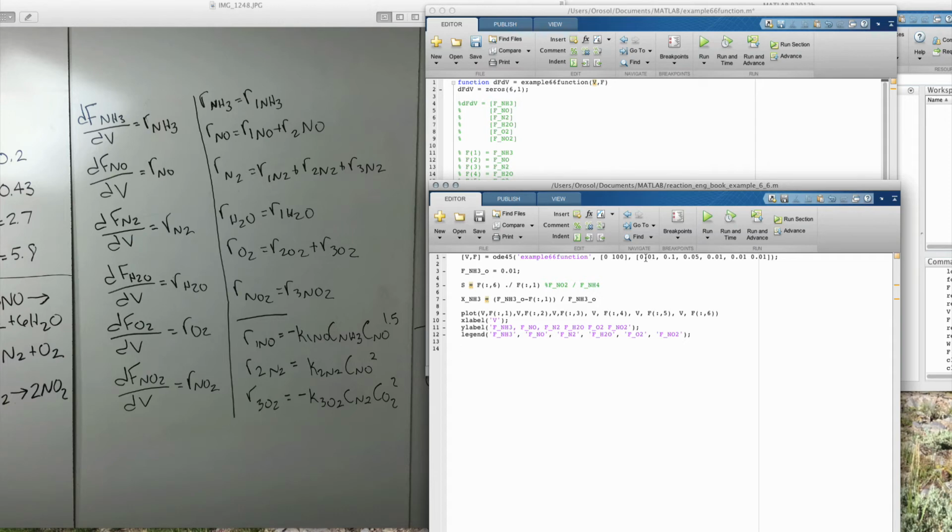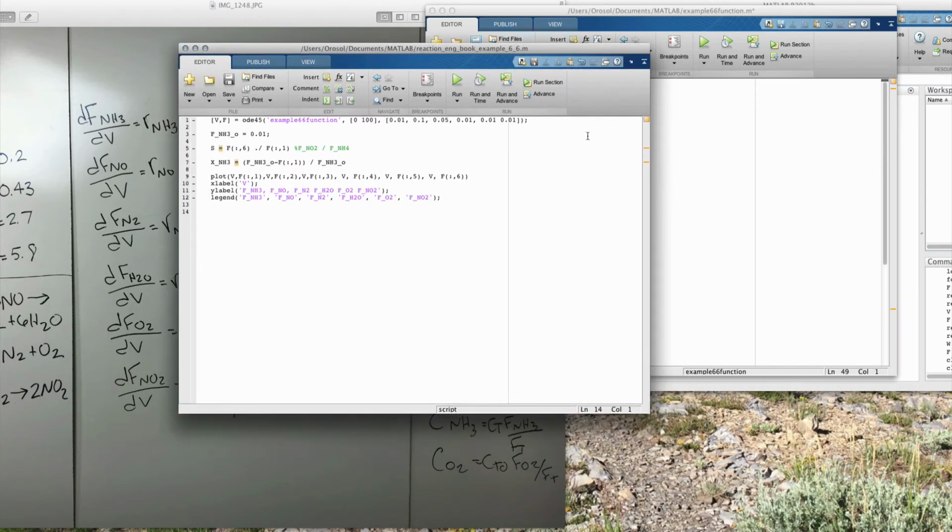That's the initial amount of NH3, and this is the flow it's getting back for NH3, so then I can see what the conversion looks like as I go down the reactor. Then I'm just plotting everything, so plot V, and if you remember, since I'm solving 6 equations, I get back an array, so I'll just run it real quick.